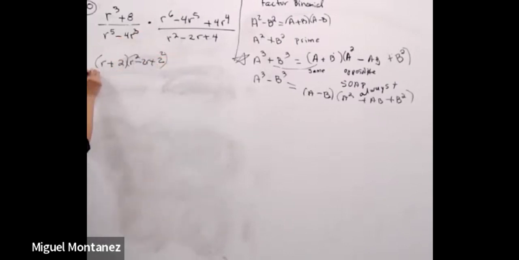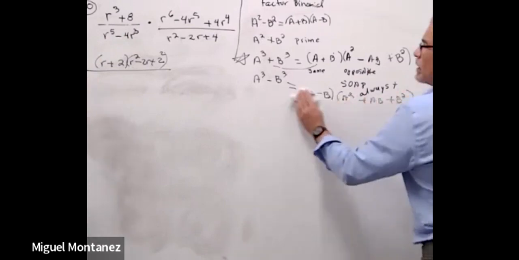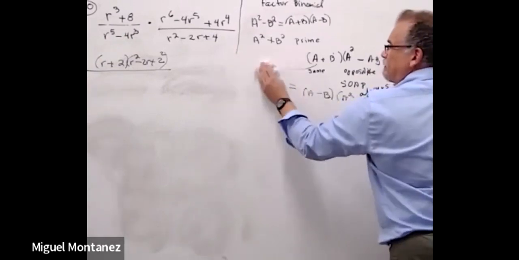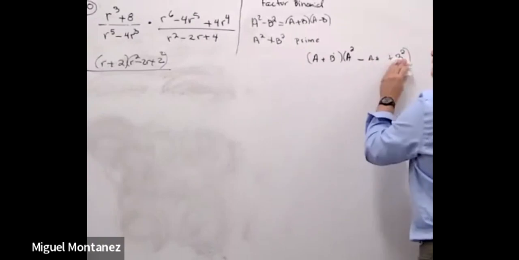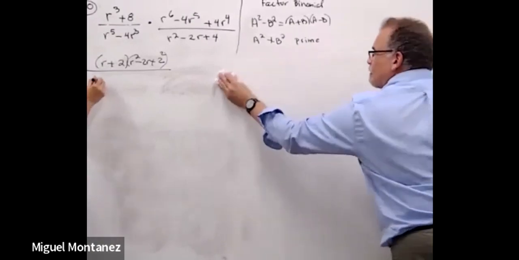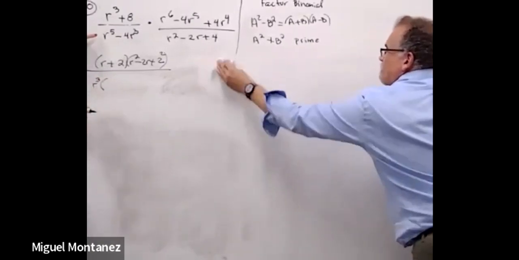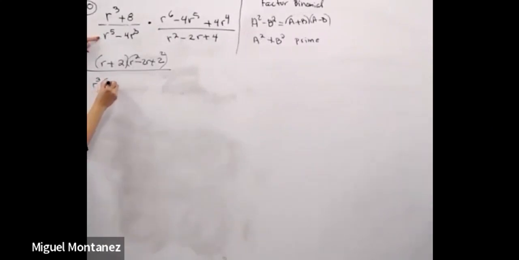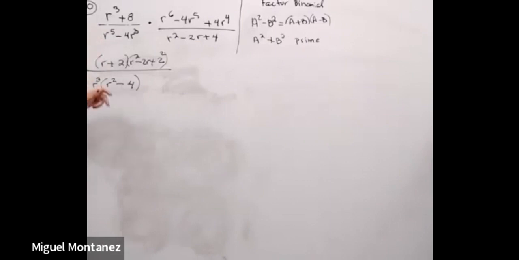The denominator has two pieces, but in this case they have something in common, right? We have the r cubed, so we are factoring r cubed. The greatest common factor leaves r squared minus 4.